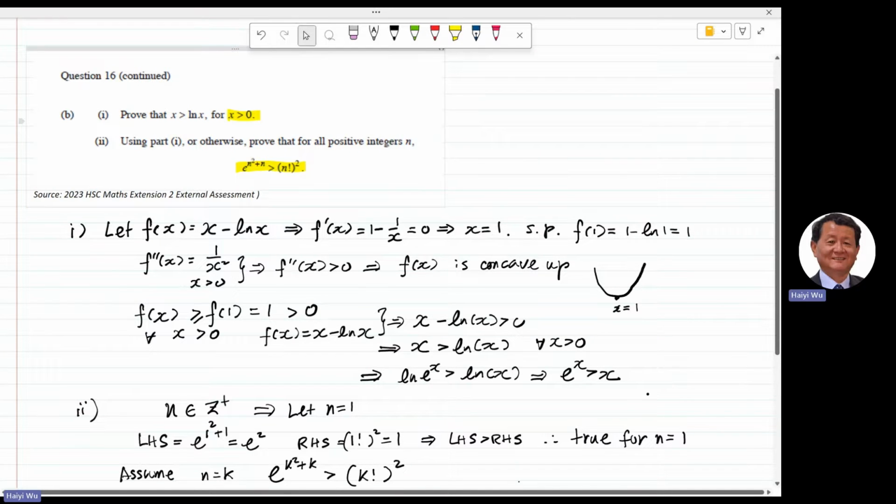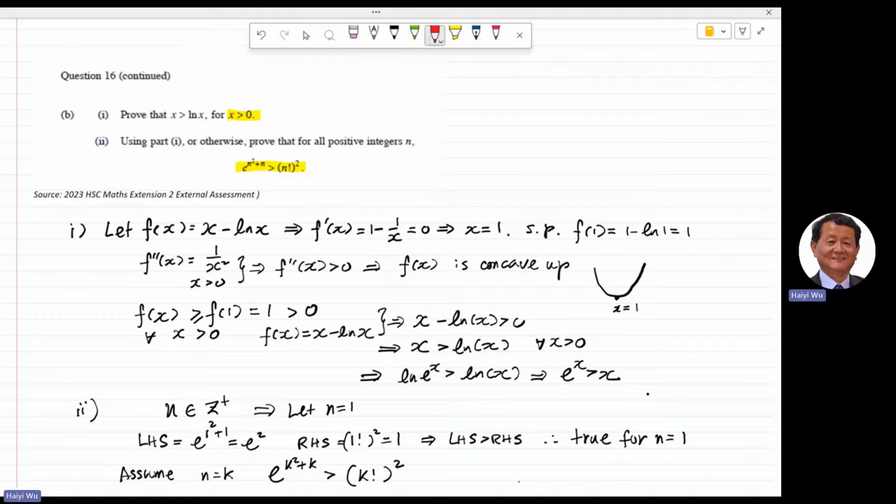All right, step one. In order to prove that it's true, I'm going to move the log x to the left. I want to prove that it's greater than or equal to 0. So I'm going to let f(x) equal to that. In order to prove that f(x) is always greater than 0, I need to find the stationary point or turning point, so I'm going to differentiate f(x).